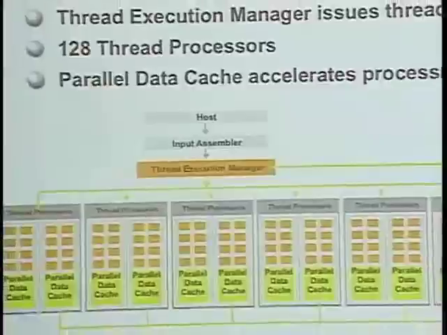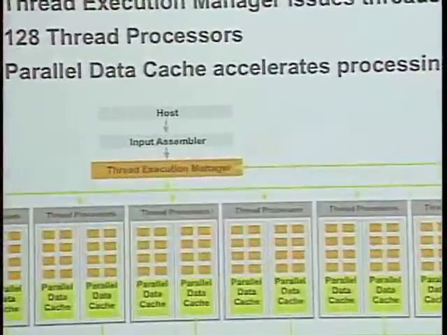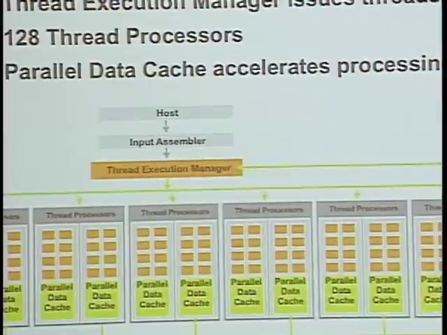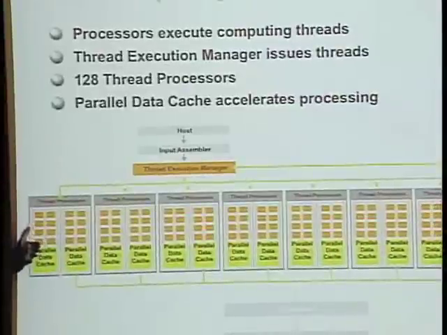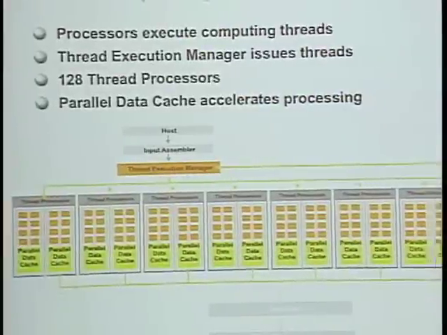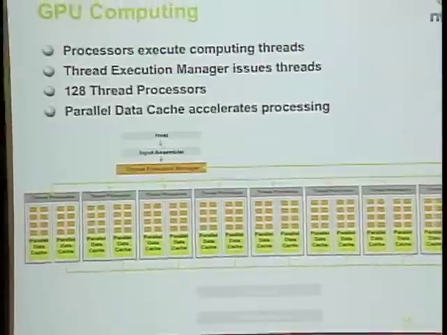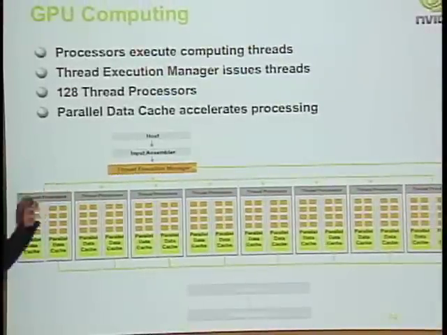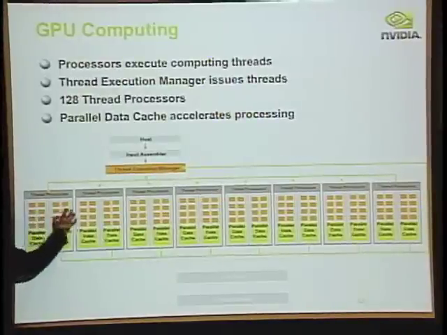The rasterizer is what creates and launches threads and so on. But here it's sort of the thread execution manager. So the big picture that we're doing with NVIDIA here is that they will launch lots of threads at the same time, and they will organize these threads into blocks. I'll tell you what a block is in a minute.